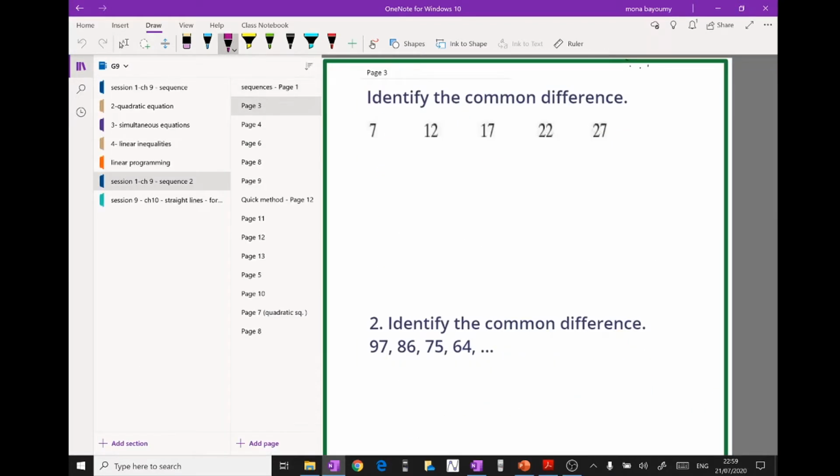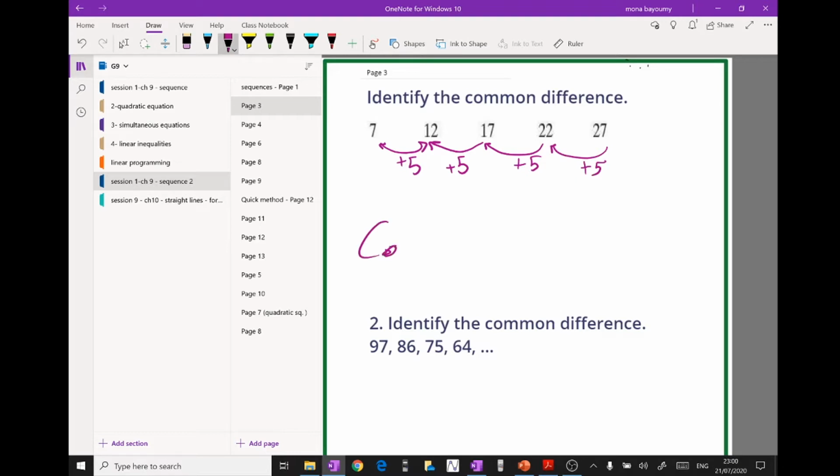Now, identify the common difference. How can we find the common difference directly? We will subtract the successive terms. Here 12 minus 7 is gonna be positive 5. 17 minus 12, also it is positive 5. 22 minus 17, again positive 5. 27 minus 22, positive 5.